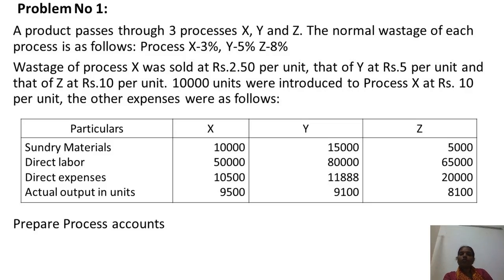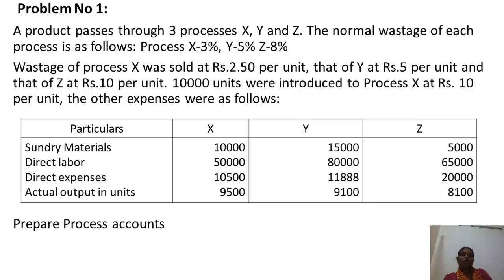Those units are fully transferred to process Y from process X, so we write the amount in the amount column as well as in the units column. Apart from that we write sundry materials 15,000, direct labor 80,000 and direct expenses 11,888.